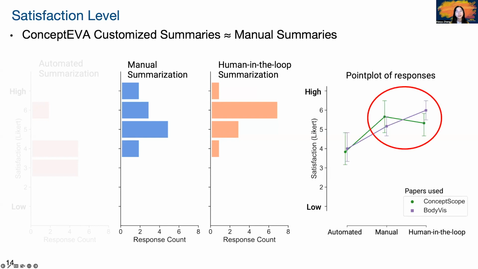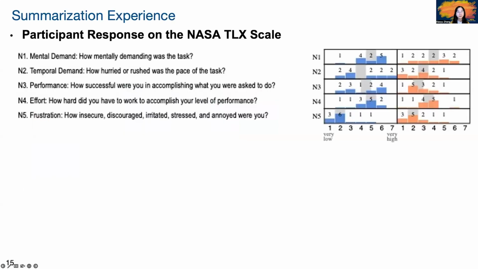A separate analysis on the 2 test papers of our user study confirmed this observation. We also measured the users' summarization experience with the NASA TLX scale. We found that although the satisfaction level was similar, the users spent much less time and effort when they used our tool, ConceptEVA, to customize the summary of the paper.